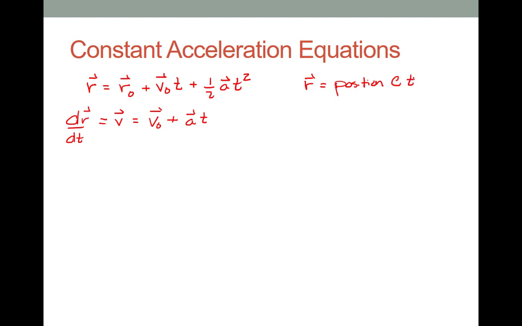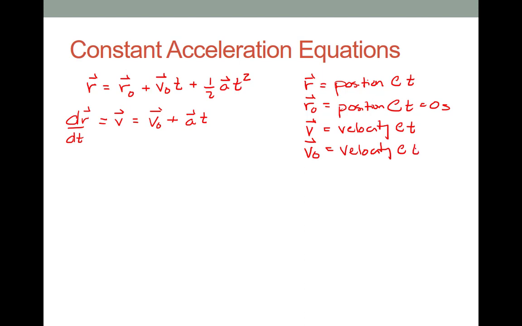I can even write it as the position at some time t. r naught is the position at time equals 0. v is the velocity at some arbitrary time t, whereas v naught is the velocity at t equals 0 seconds. Acceleration is a. And t is time.